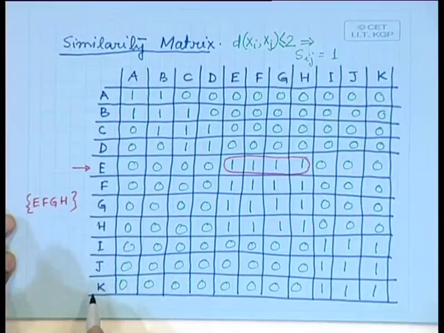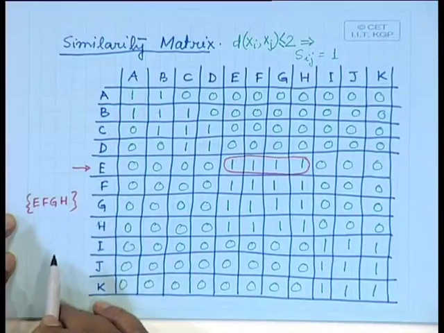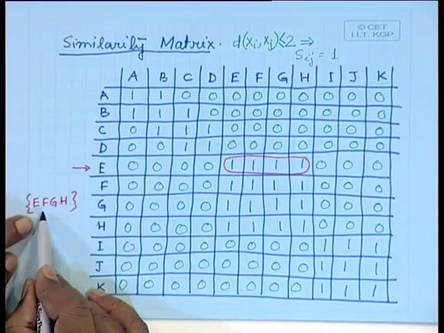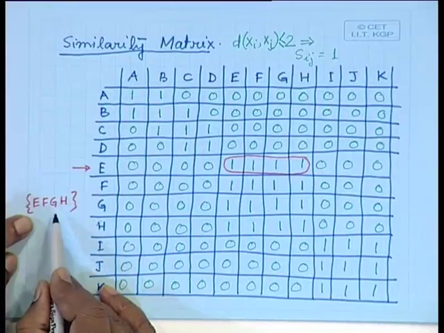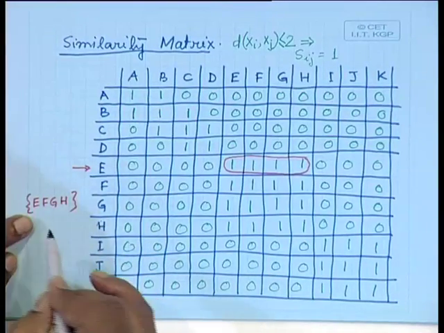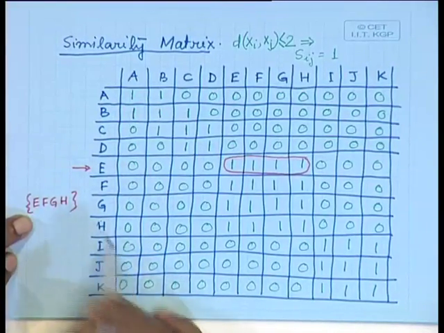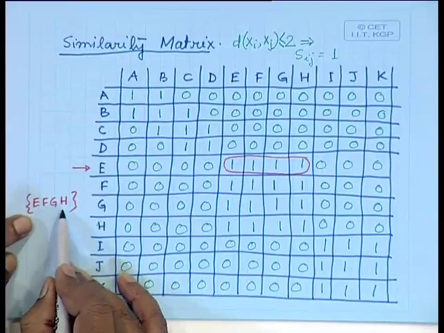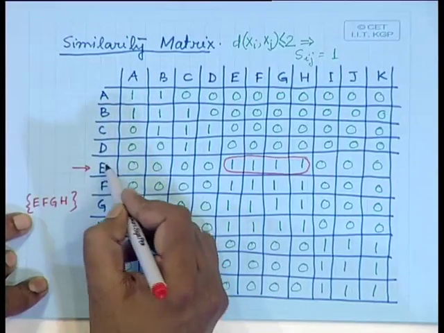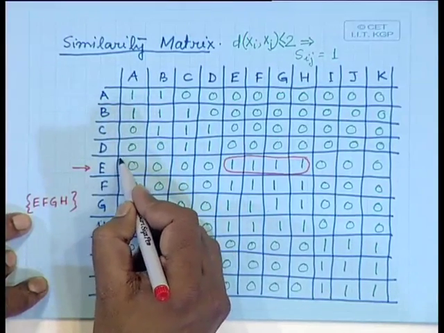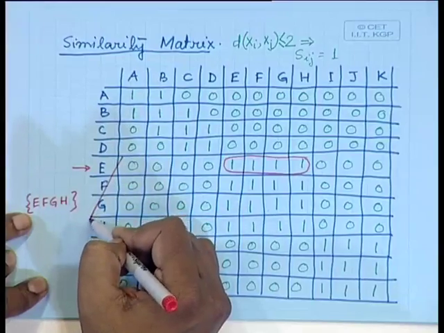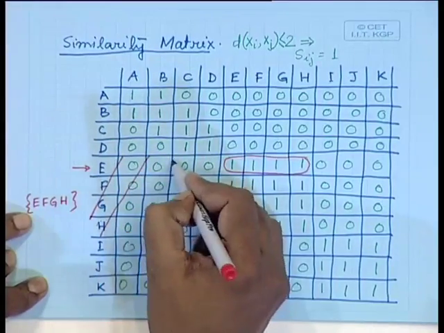Once that is done, I remove all the rows and columns corresponding to these nodes or vertices which are already put into a single cluster. So, the rows corresponding to E, F, G and H are to be removed from this similarity matrix.